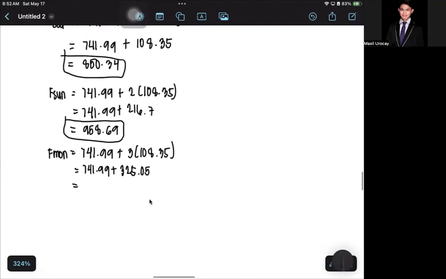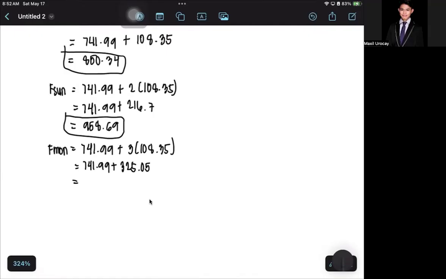So by adding that to 741.99, it becomes 1,067.04. This is the forecasted data for Monday.